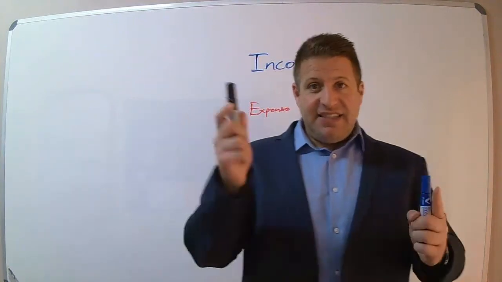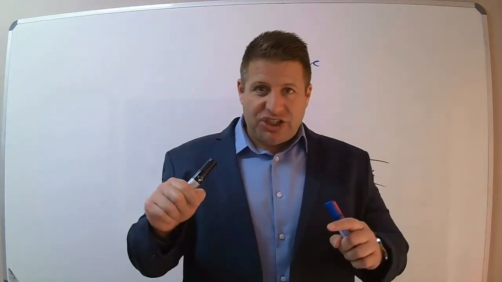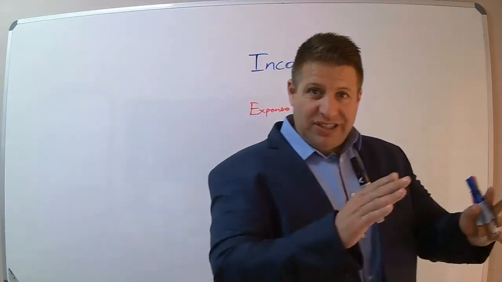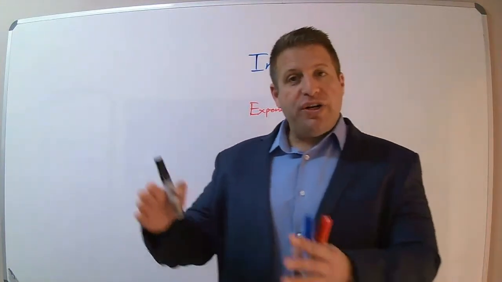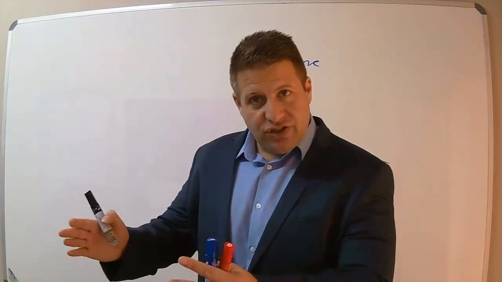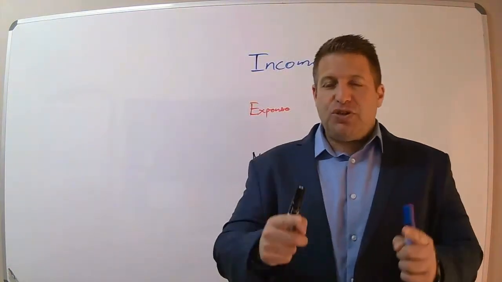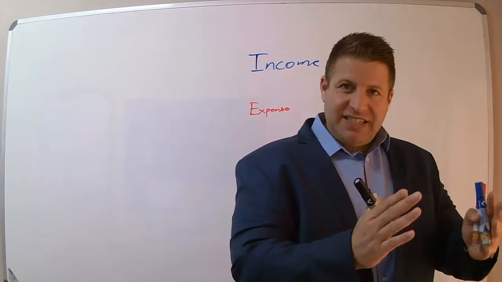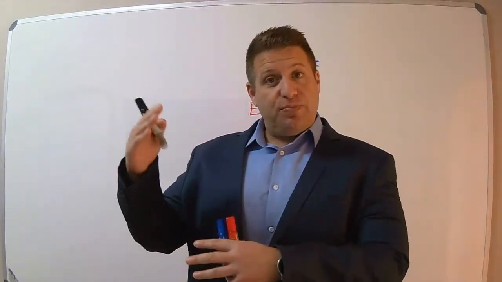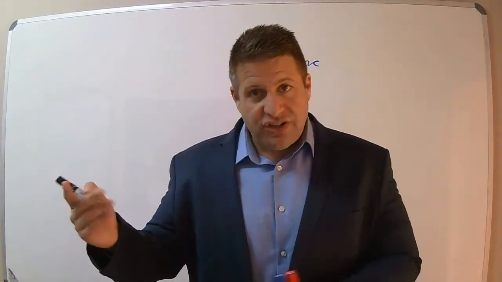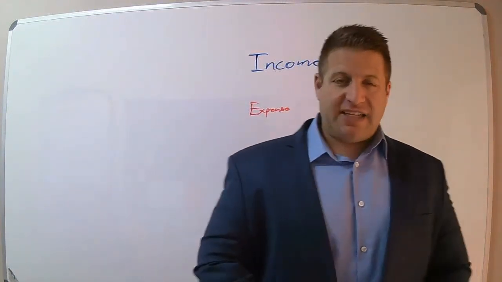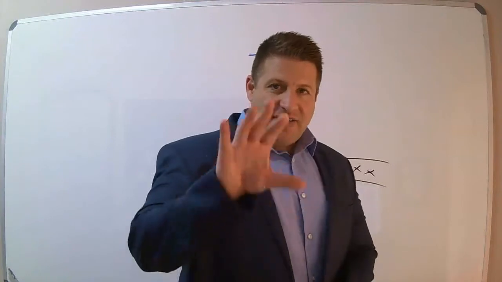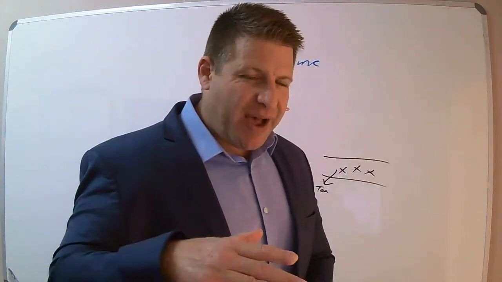Now, there is a difference between the deduction according to accounting standards, and the deduction according to SARS, the tax authorities. And that difference is called deferred tax. But forget that now. I want to speak to you guys about accrued income.